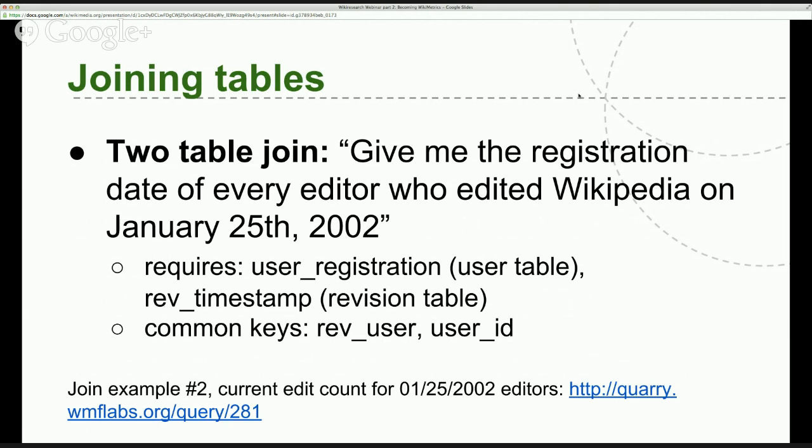The user table contains information about a user, so their username, their registration date, their current edit count, etc. The revision table contains every single edit, and it contains the timestamp of that edit, the date that edit was made. So I need to join these two pieces of information together.